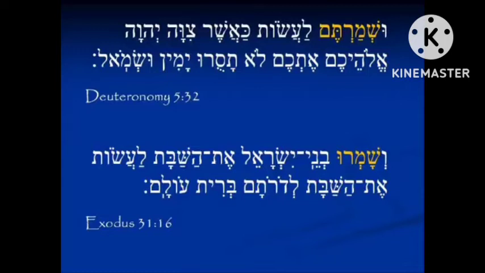Deuteronomy 5:32, we see the first verb, U shemar tem la'asot ka'asher tziva Yehovah. The ending is that tem ending. That is a plural, all y'all kept, y'all guarded to do what Yahweh commanded.